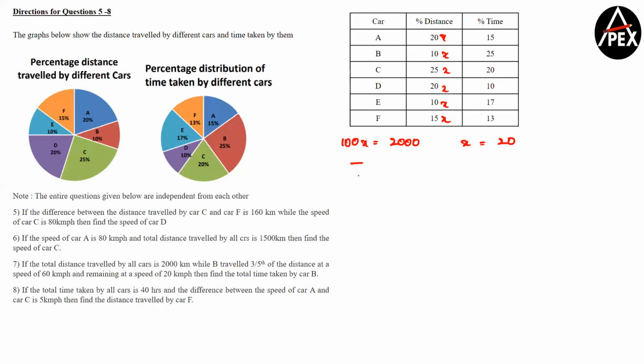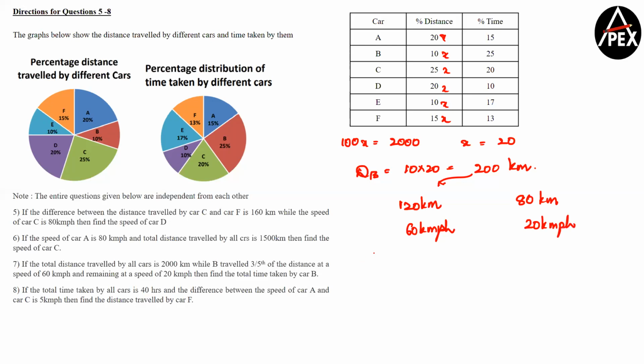So the total distance traveled by B is 10 into 20, so 200 kilometers. Now it is given that 3/5 of the distance, so 120 kilometers out of this 200, is traveled at a speed of 60 kmph, and the remaining 80 kilometers was traveled at a speed of 20 kmph.